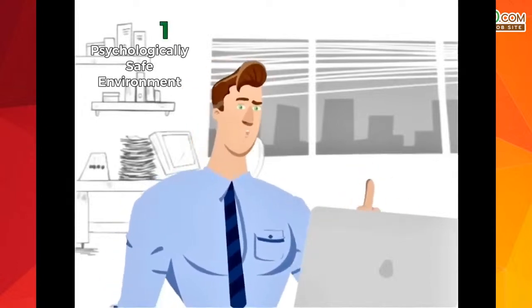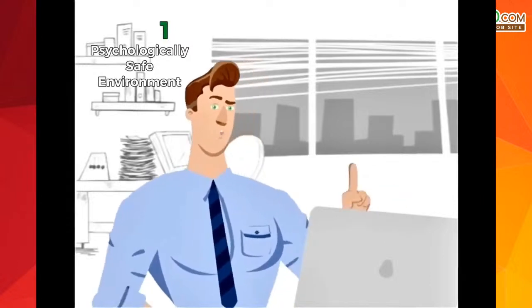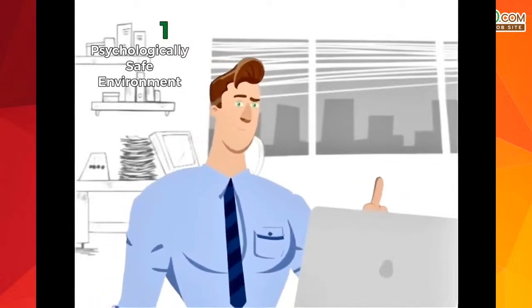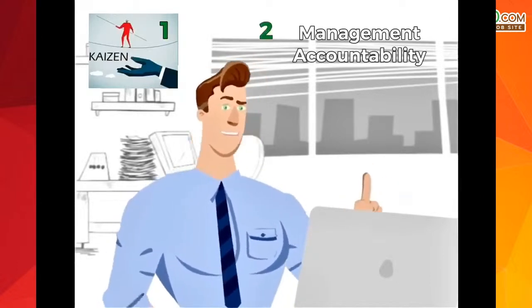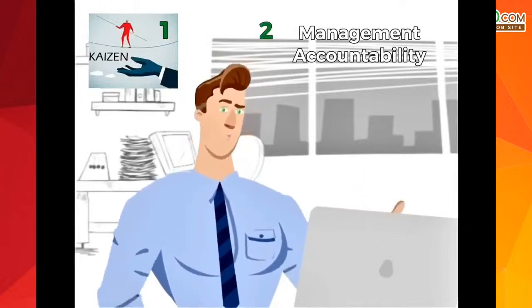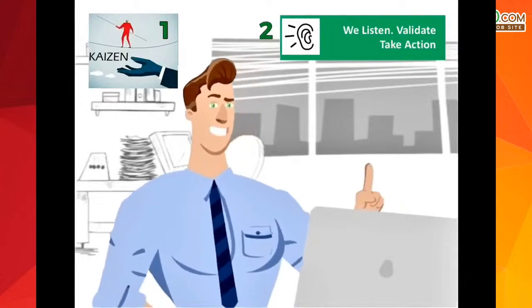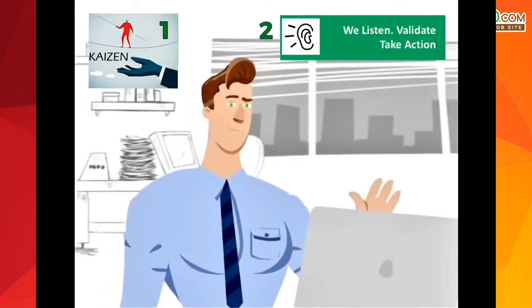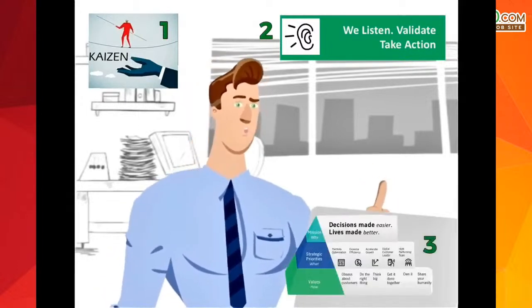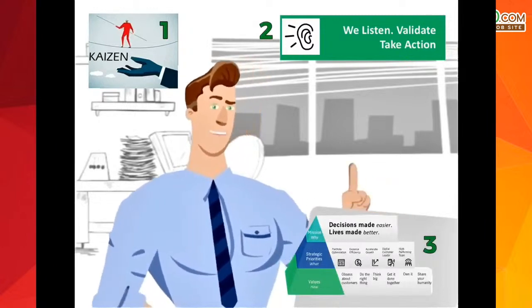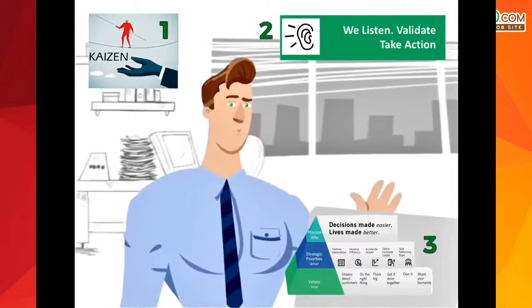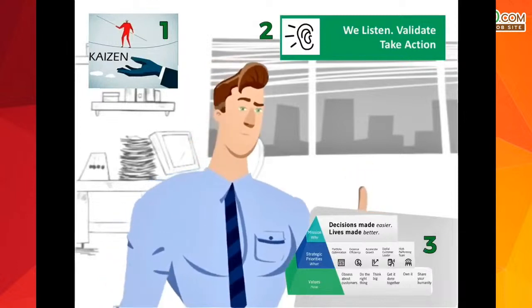1. A psychologically safe, accountable and productive environment, powered by Kaizen. 2. Management accountability, leaders listening and taking action on your feedback. 3. Shared values and a strategic understanding of our purpose in the company. 4.